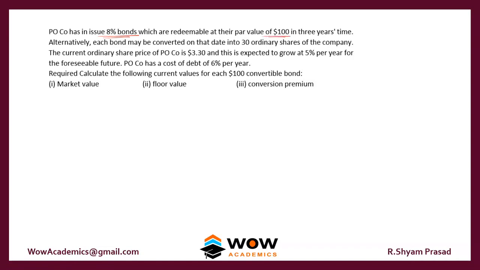If the par value is 100, then the nominal value will also be 100. In 3 years' time, alternatively each bond may be converted into 30 ordinary shares of the company. The current share price of PICO is 3.3 and this is expected to grow at 5% per year for the foreseeable future. PICO has a cost of debt of 6%. So this is the discount factor that we have to use.